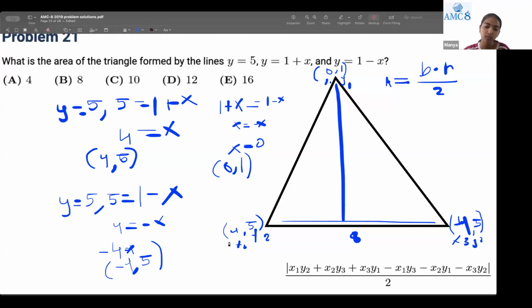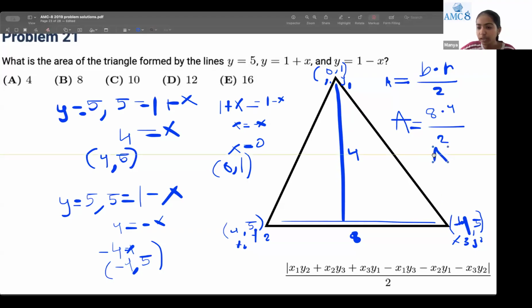Since we have two coordinates here, the distance from 0 to 4 is equal to 4. The distance from 1 to 5 is also equal to 4. And so the height will be equal to 4. So the area is equal to the base, which is 8, times the height, which is 4, divided by 2.